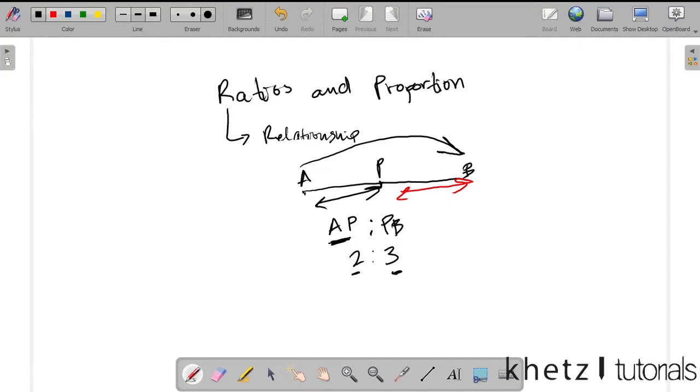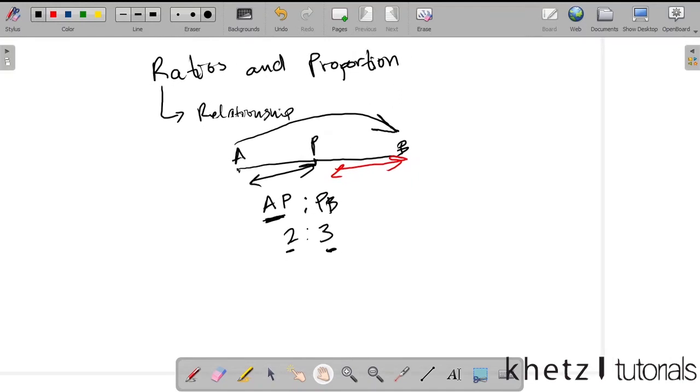If we want to find the exact value of AP, given that the total length AB is, let's say, 100 meters.